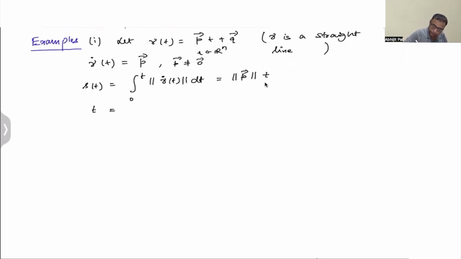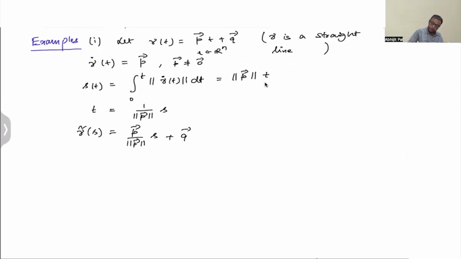So t is equal to 1 by norm of p times s, where s is the arc length parameter. So gamma tilde is the arc length reparametrization of the straight line gamma, given as p bar by norm of p times s plus q.